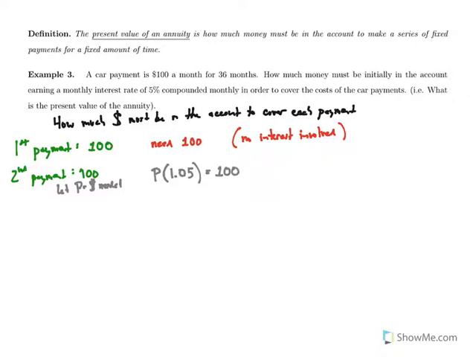Again, this is saying how much money this is going to accrue after 1 month. It earns the money P plus the money P times 0.05, like we did in the first slide. So the money that I need here, if I multiply by 1.05 to the negative 1, is going to be 100 times 1.05 to the negative 1, or 100 divided by 1.05.